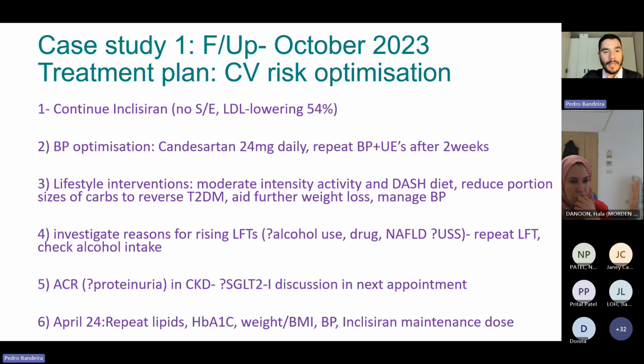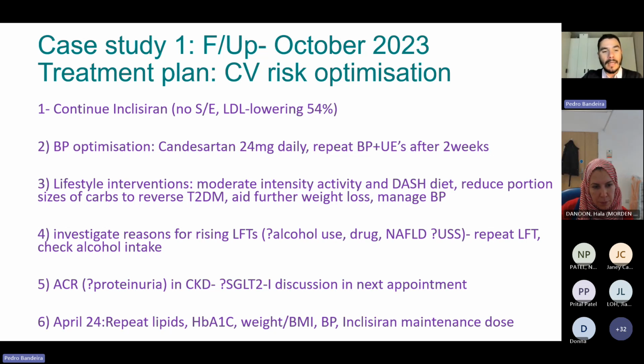I've given him comprehensive advice on diet and lifestyle for weight loss, because I had a suspicion that this patient had some degree of fatty liver as well, and I've been monitoring him with repeat liver function tests every time he comes to the clinic. His liver function is kind of stable, but if this continues to rise, it will be useful to refer to our hepatologist colleagues for perhaps an ultrasound.